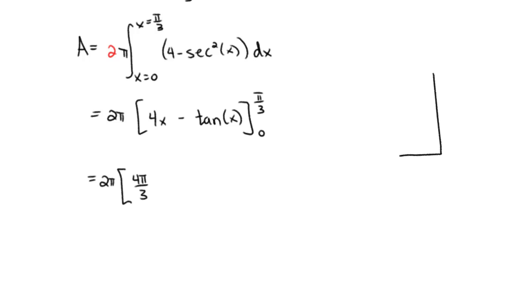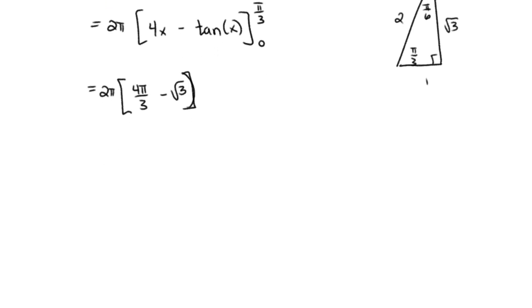And then I never really memorize the tangent ratios, but tangent of pi over 3 is opposite over adjacent, which is root 3. Oops, should be a bracket if I'm doing my notation properly. And so this is actually the answer. There's not much else you could distribute through, I suppose, to get 8 pi squared over 3 minus 2 pi root 3, but not that big of a deal.